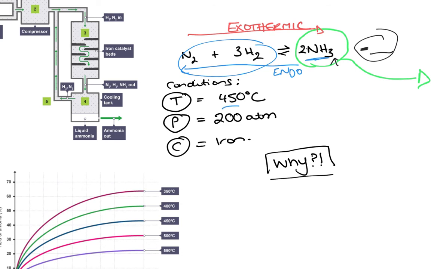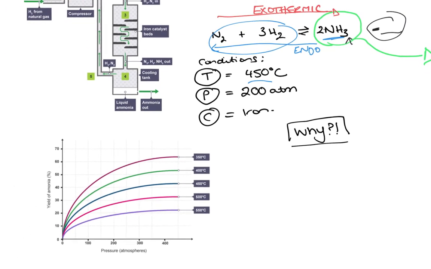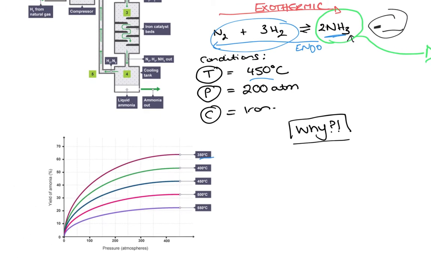But you can see here that we use 450 degrees and not 350 or even lower, because actually a lower temperature, perhaps of 200 degrees, would give us an even better yield of ammonia. But why do we use 450 degrees? Well, the answer is it's a compromise. The lower the temperature, the slower the rate of your reaction. And if the reaction is too slow, then the reaction is no longer cost effective.